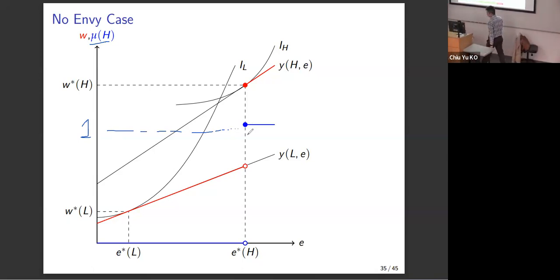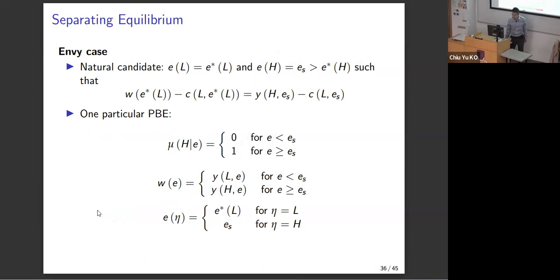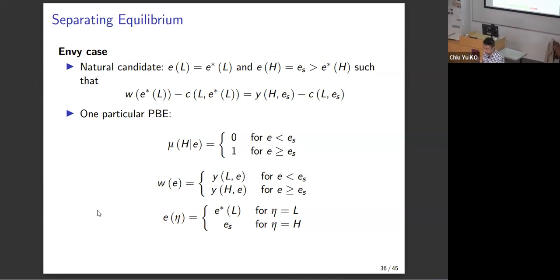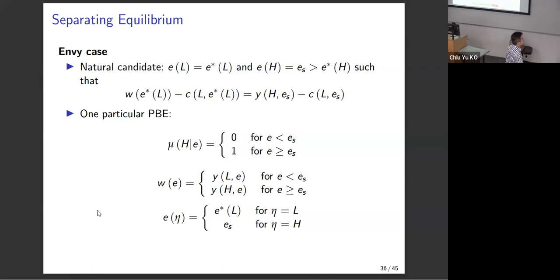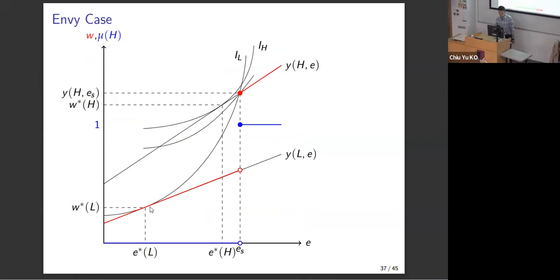So this is the most simple one. Of course, we go to the crazier one. It's the case where if you do the efficient amount, then it's not enough. And the natural candidate looks like this, very complicated. Let's see the graph. The graph looks like this.